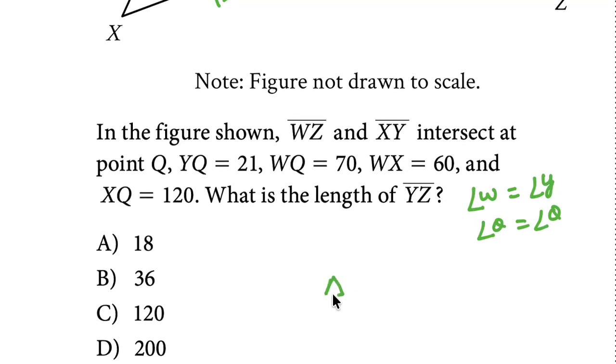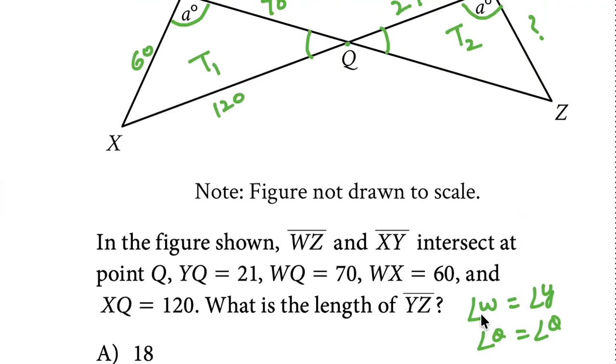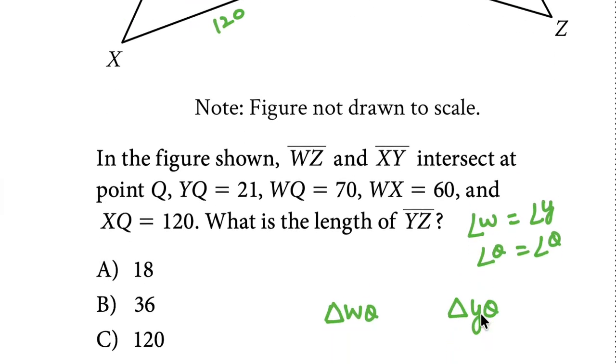Suppose I am writing the first triangle here and the second triangle here. So W of this and Y of this, both should be at the first place. Q of this and Q of this, both should be at the second place. Now the third one is X for the first triangle and Z for the second triangle, and these are similar to each other. Half of the work is done.